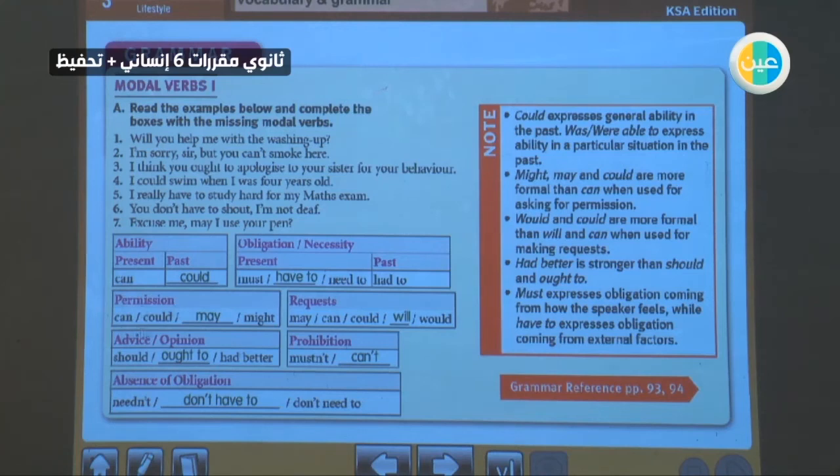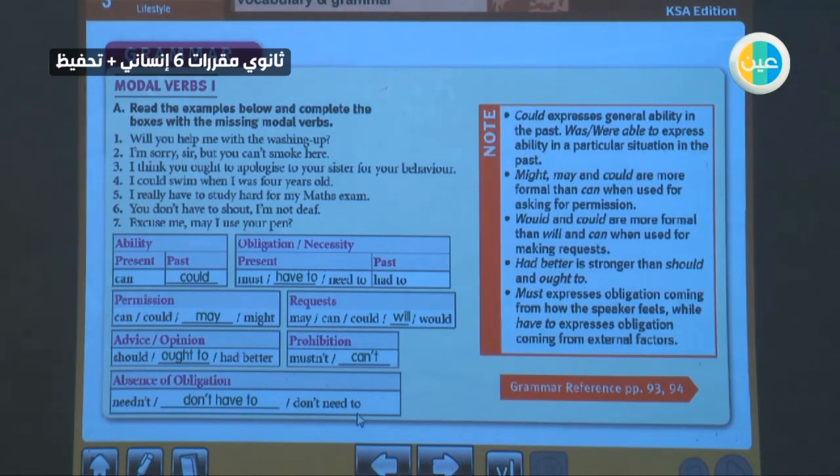Permission: can, could, may, might. Request: may, can, could, will, would. Advice or opinion: should, ought to, had better. Prohibition: mustn't, can't. You can't enter this room, it's just for ladies, for example. Absence of obligation: needn't, don't have to, don't need to.